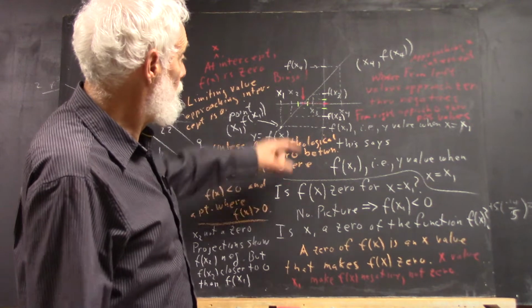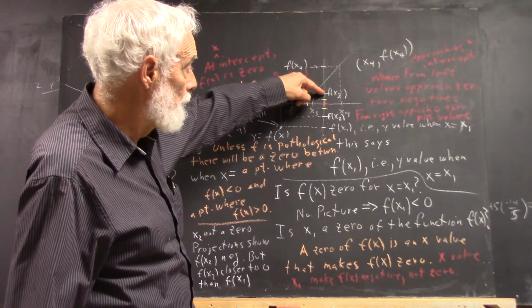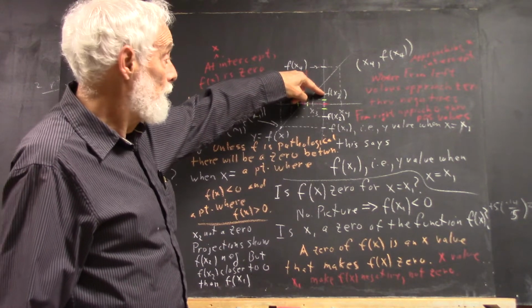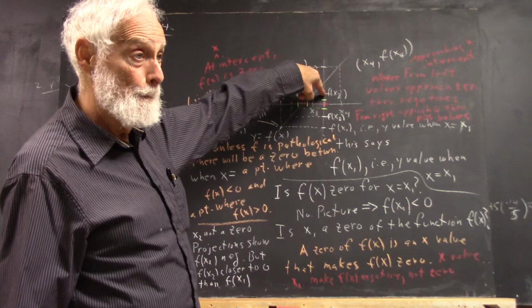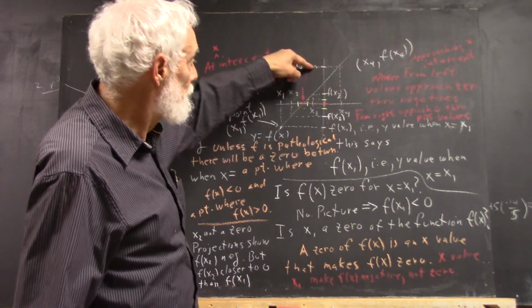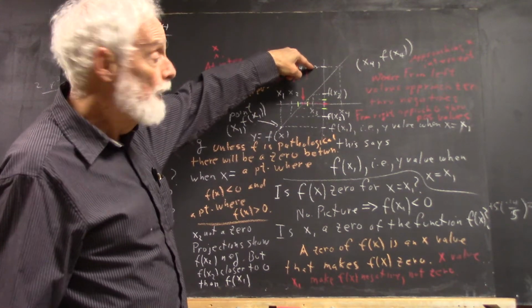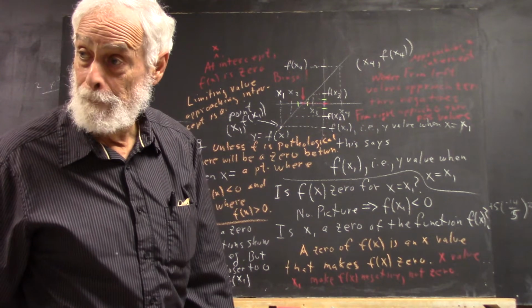Okay, then you do f of x3, well, that's going to correspond to the point up here. It has y value that's here. So f of x3 is positive, right? Okay, and then f of x4, well, here's x4, here's f of x4. It's also positive, and it's further from 0 than f of x3, right?